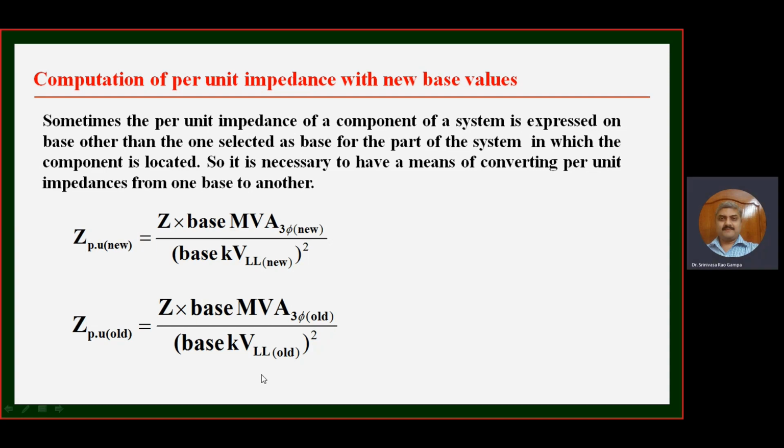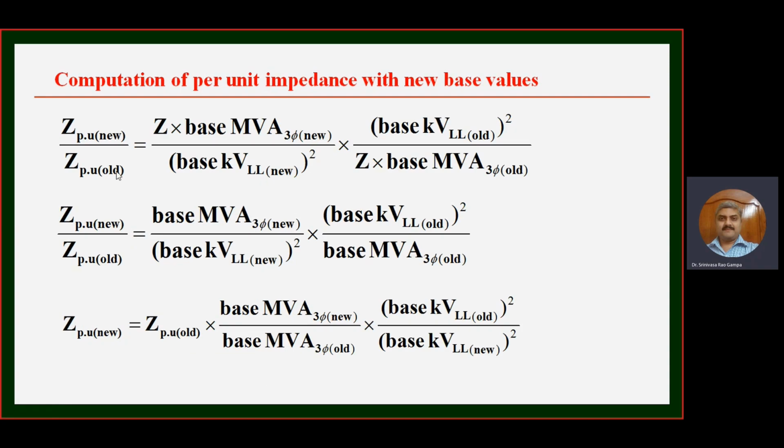So here Z per unit new by Z per unit old is equal to Z into base MVA three-phase new by base kV LL new whole square, into base kV LL old whole square by Z into base MVA three-phase old.